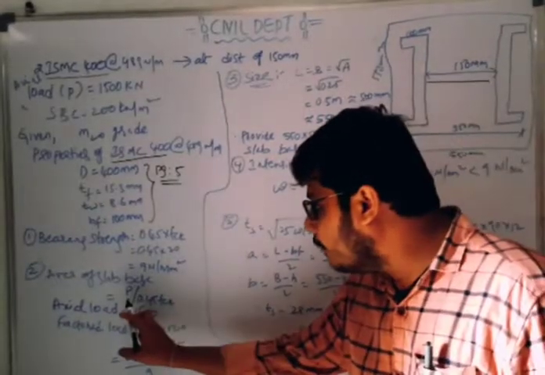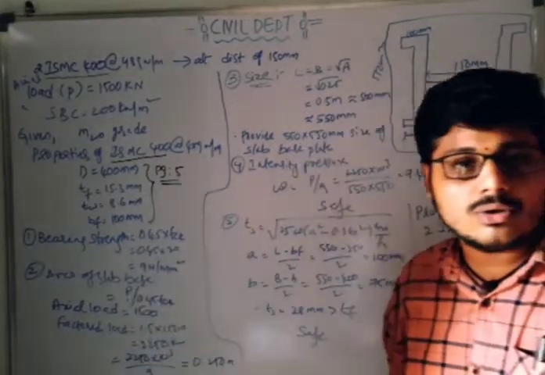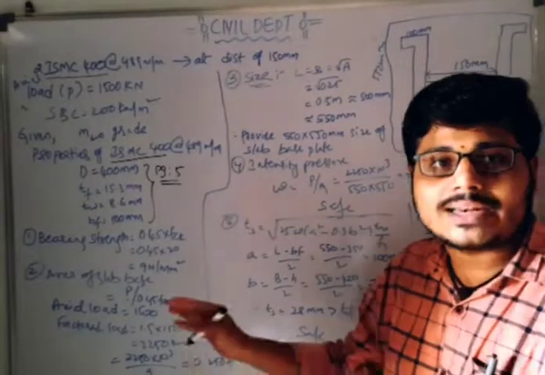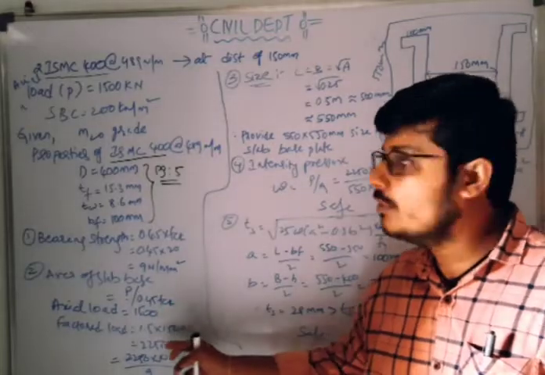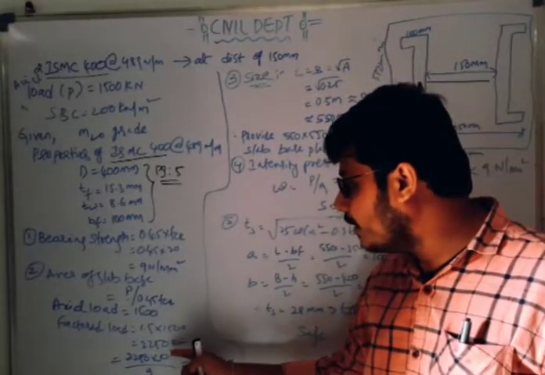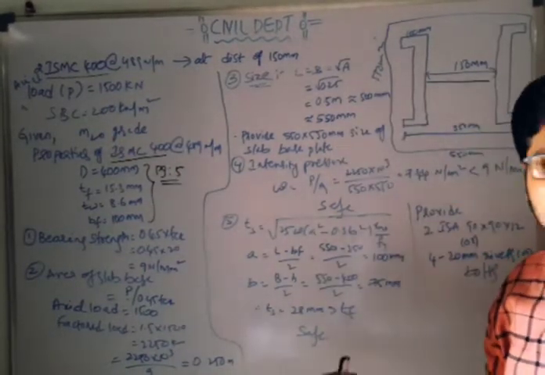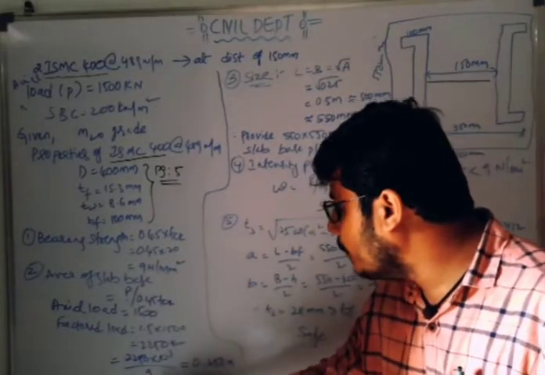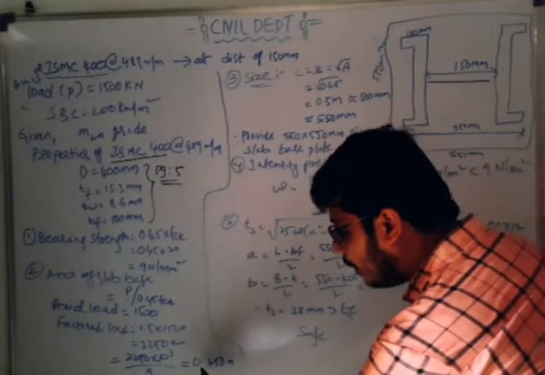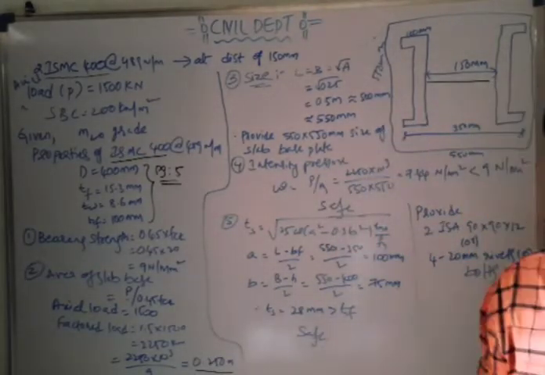But here the load given is axial load, so we should convert it into factored load: 1.5 into 1500, which gives 2250 kilonewtons. Now 2250 into 10 cube by 9 gives 0.25 meters square.